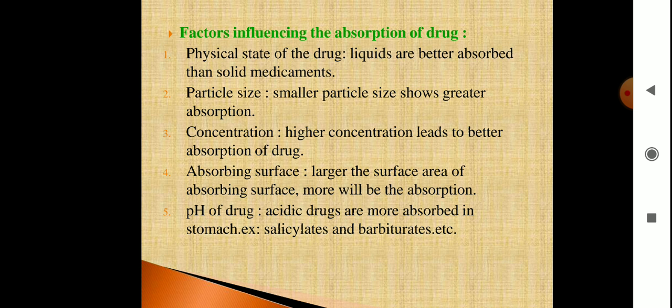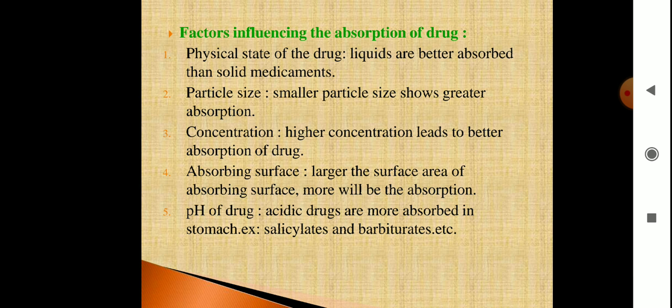Then the concentration: if the drugs are highly concentrated, then they will be well absorbed in the body. If they are lower concentrated drugs, then there may be a delay in the absorption of the drug. And absorbing surface: if the surface area is larger, then the absorption will be more.